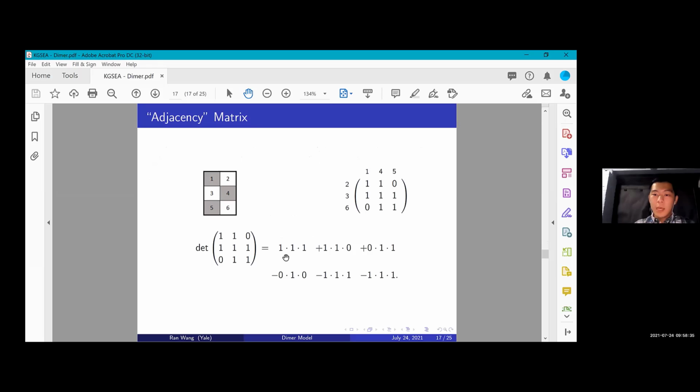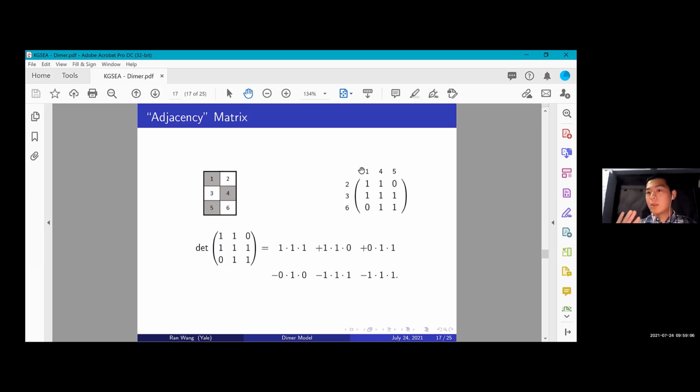Okay, so then I'll introduce an idea of adjacency matrix. I put quote marks because it's not the actual adjacency matrix. I'll just use this word here because it describes this idea. Okay, so in this matrix, what we do is we put the black cells on one side and the white cells on the other side. You can switch the order.